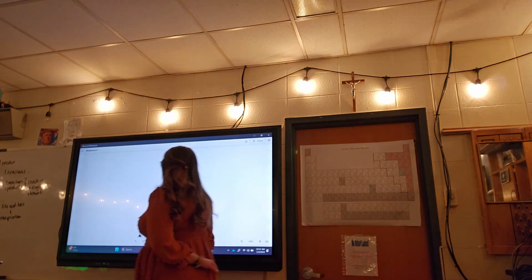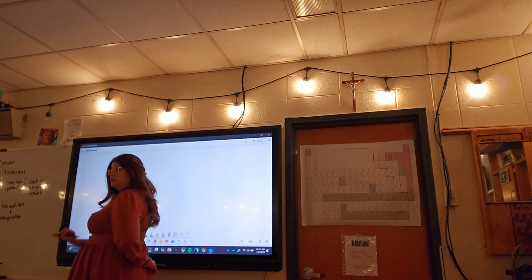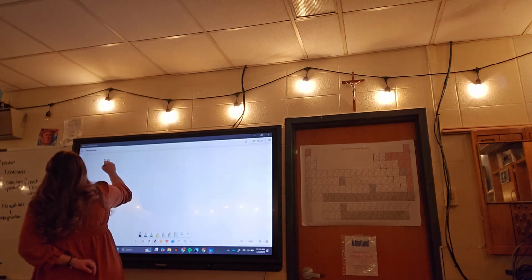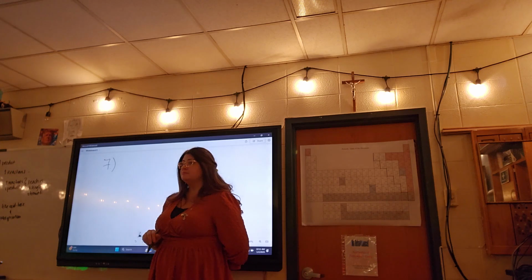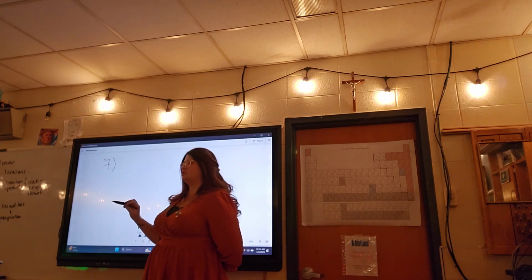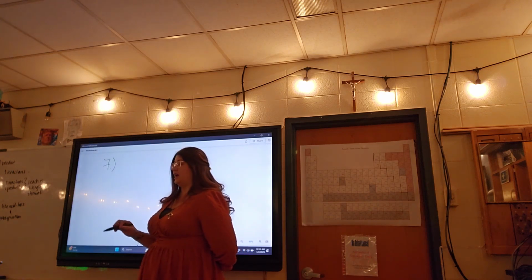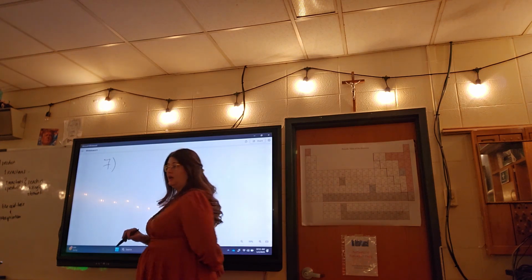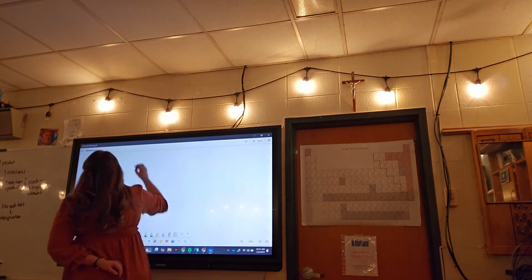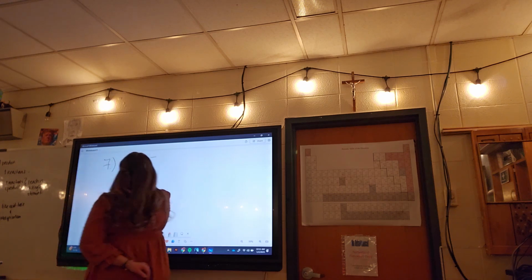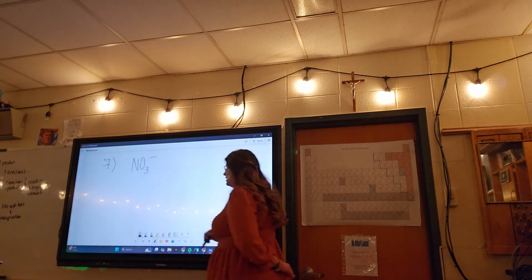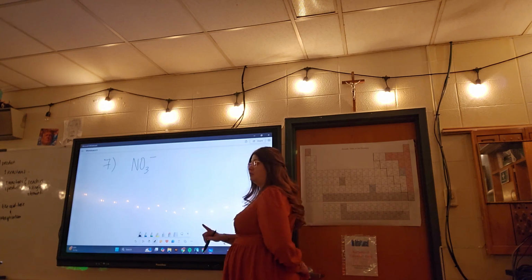Okay, so the last rule is rule number 7. And it tells us that when you have a polyatomic ion, all of the oxidation numbers no longer add up to 0. They add up to whatever the charge is of that ion. So, for example, if we have NO3 minus, my oxidation numbers must add up to not 0 now, but -1.